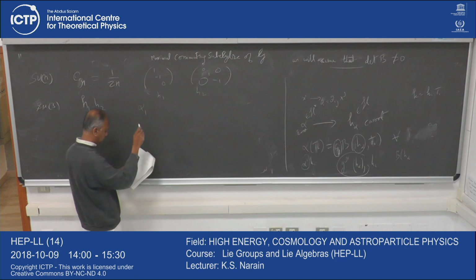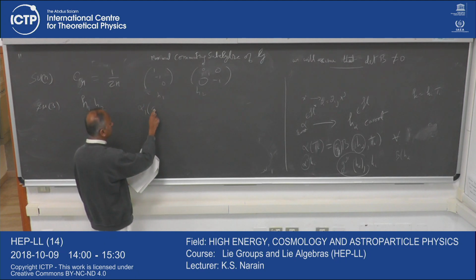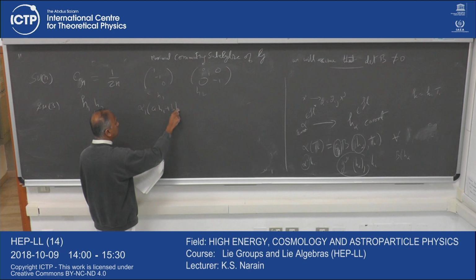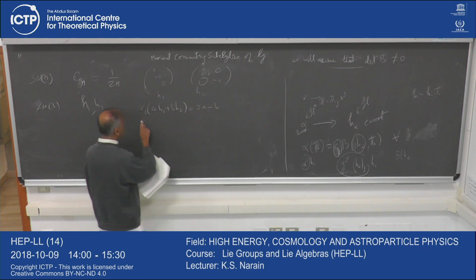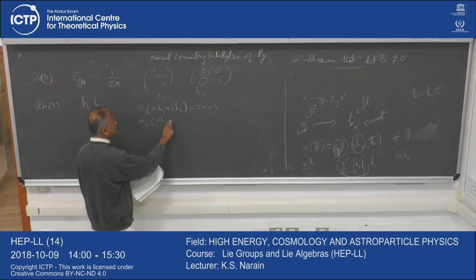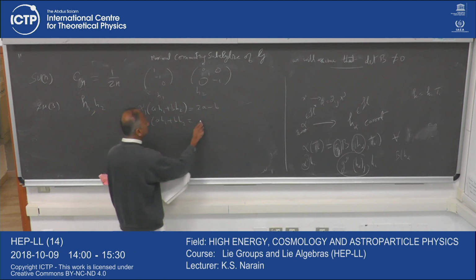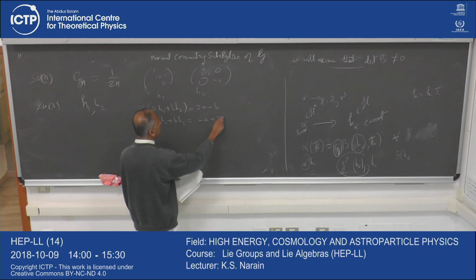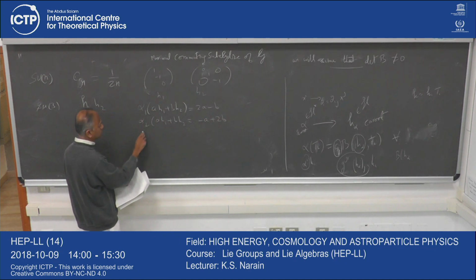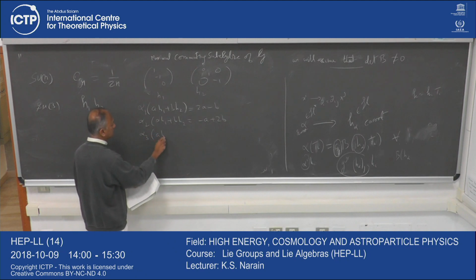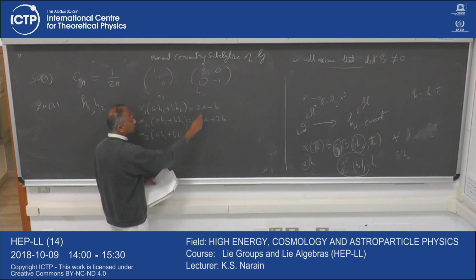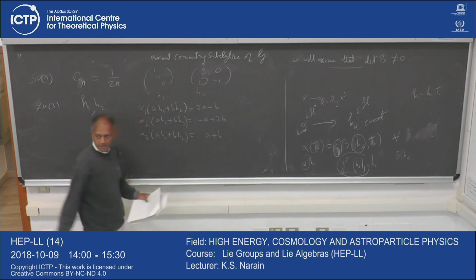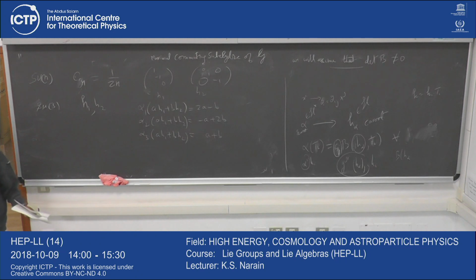So let me just write down the positive roots. Alpha 1 of AH1 plus BH2 was equal to 2A minus B. Alpha 2 of AH1 plus BH2 was minus A plus 2B. And alpha 3 was the sum of the two, so A plus B. And they have negatives. This was all the roots.